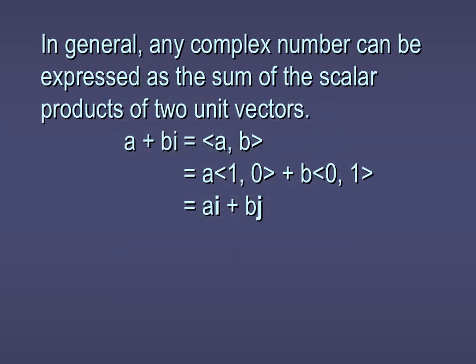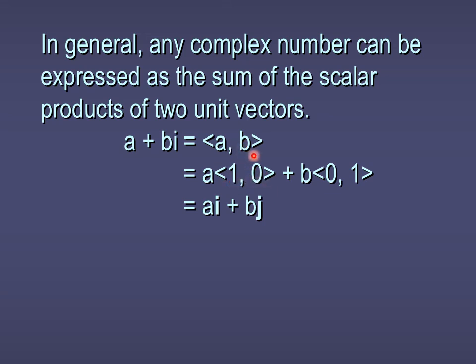Okay, so if you want just like a general formula, like, well, how do I know how to decompose? You can use this kind of formula. A complex number is in the form of a plus bi, where the a is the real part and the b is the imaginary part. It turns into a vector, a comma b, right? So if you want to break it down into the sum of scalar products of the unit vectors, well, your a, the real part, is just a times the horizontal vector, 1, 0.